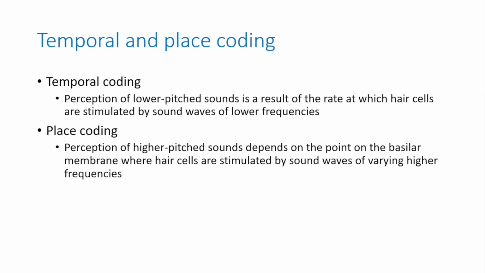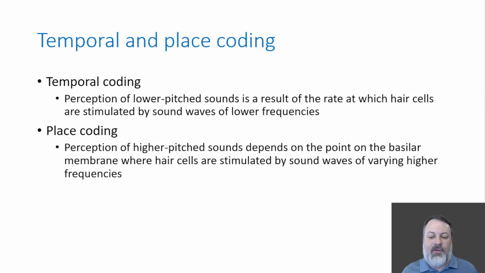Now, how do we understand pitch? There are actually two different ways that we perceive pitch. One is known as temporal coding, the other is place coding. When we're talking about really low pitch sounds, the rate at which the hair cells are stimulated is what triggers our perception of these low frequency sounds.